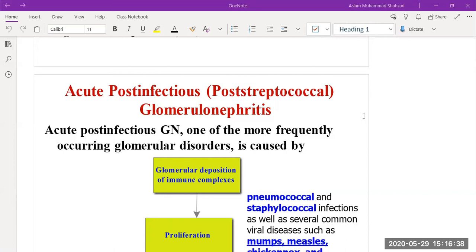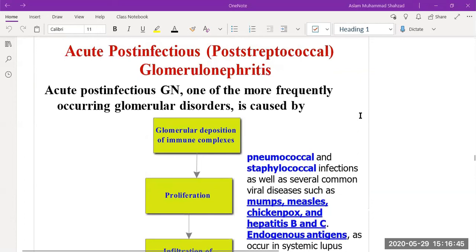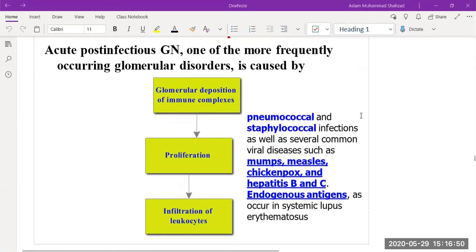But it is one of the most frequently occurring glomerular disorders, caused by the glomerular deposition of the immune complex, which leads to proliferation and then results in infiltration of leukocytes. It is caused by streptococcal and staphylococcal infection, as well as other viral diseases such as mumps, measles, chickenpox, hepatitis B and C, or endogenous antigens as occur in systemic lupus erythematosus.